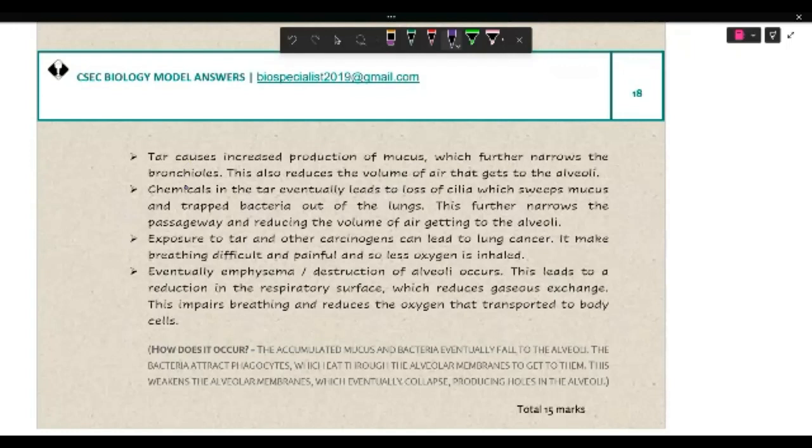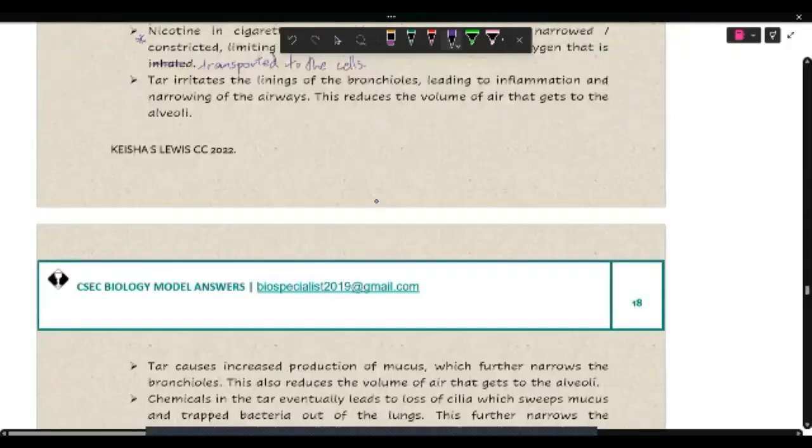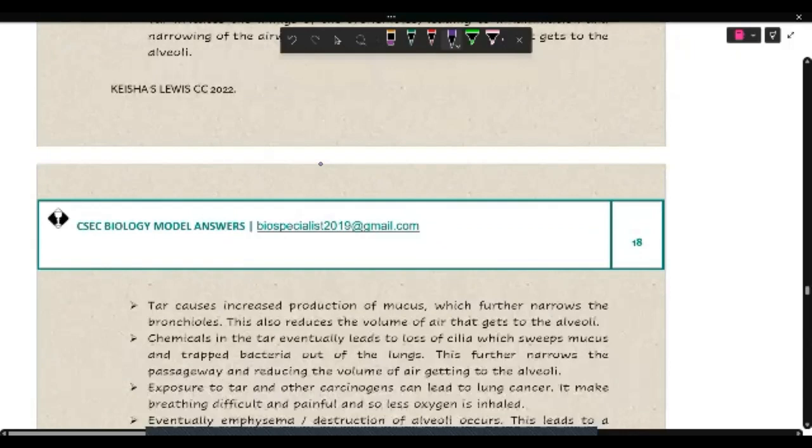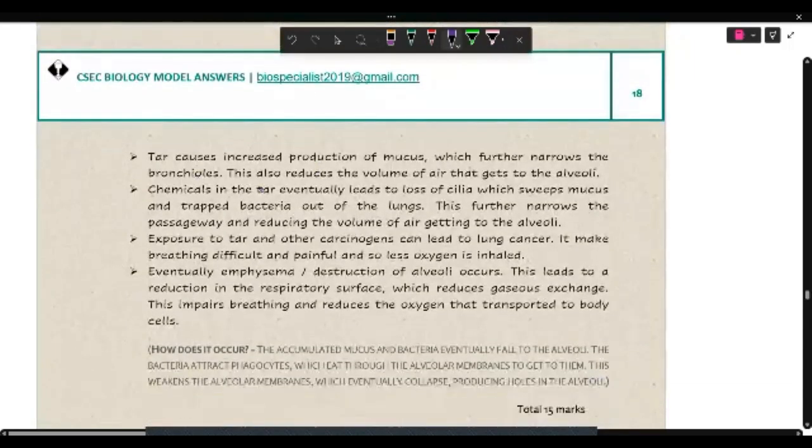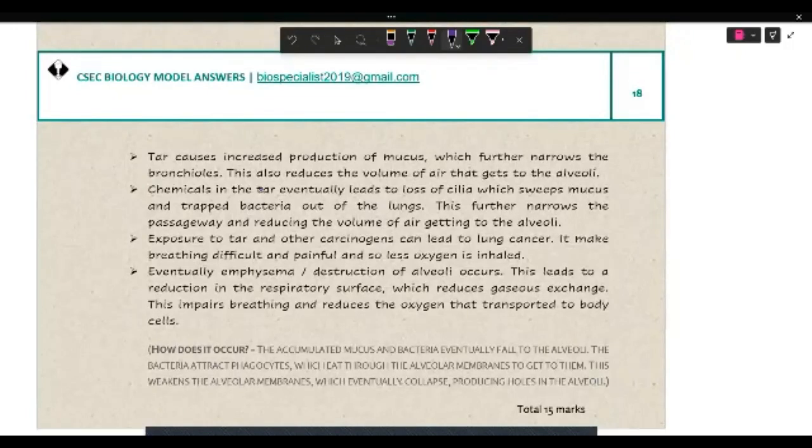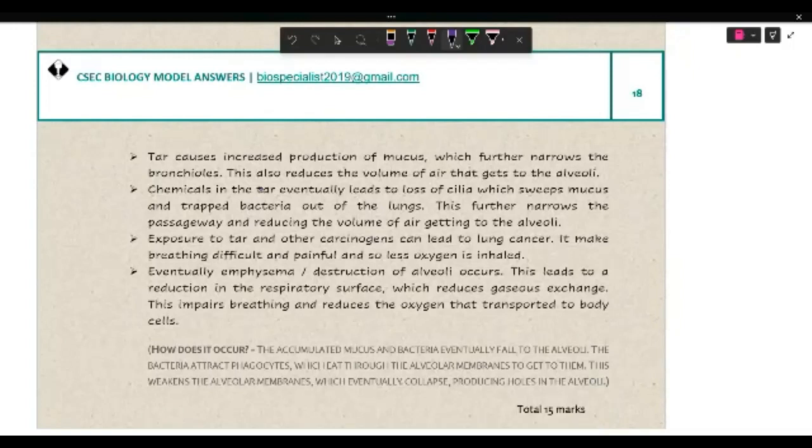So apart from irritating the airways and causing the airways to constrict, which is what we talked about here, the tar also is going to affect the production of mucus. It's going to cause a lot more mucus to be produced, again, hence the smoker's cough, and that is going to narrow the bronchioles even more, which again is going to reduce the amount of air that gets to the alveoli.